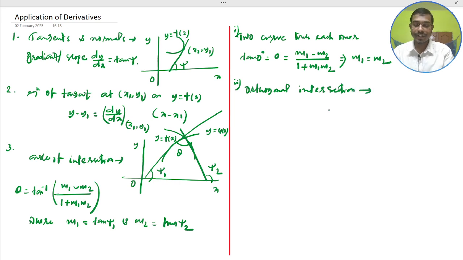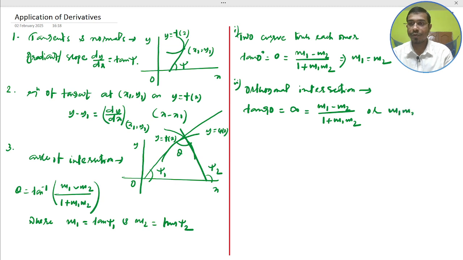So for orthogonal intersection, theta is 90 degrees. So tan 90, which is infinity, equals (m1 minus m2) divided by (1 plus m1 m2), so 1 plus m1 m2 equals 0, that is m1 m2 equals minus 1. So this is the condition.